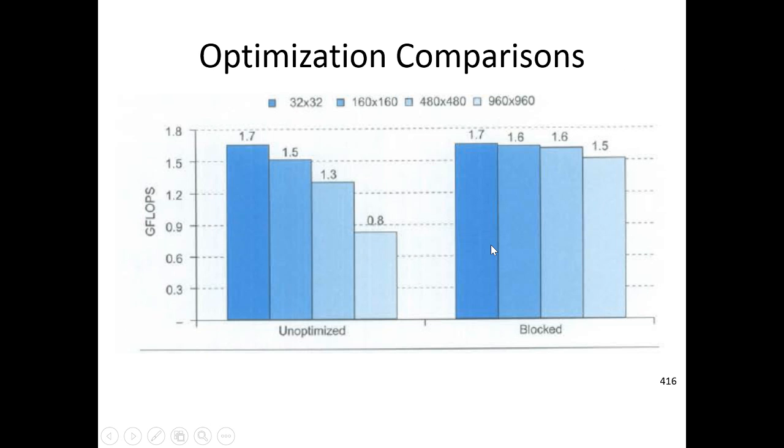So here are some examples of calculations they did to demonstrate this. If your cache is limited to a 32 by 32 space, for whatever word size this is, let's say these objects are 32 by 32. This is gigaflops, so giga floating point operations per second.